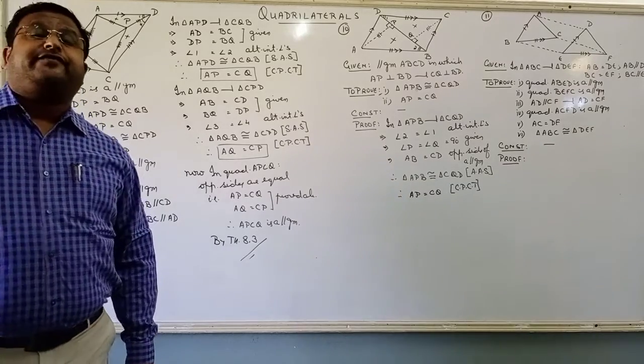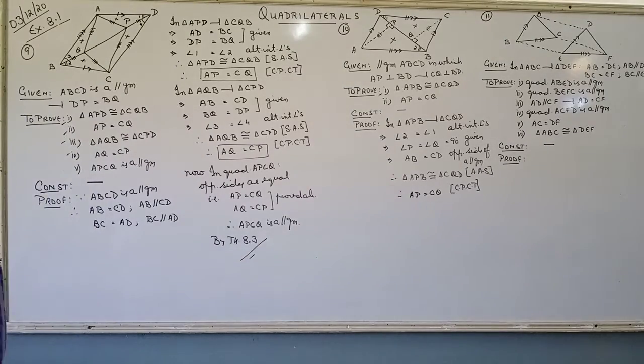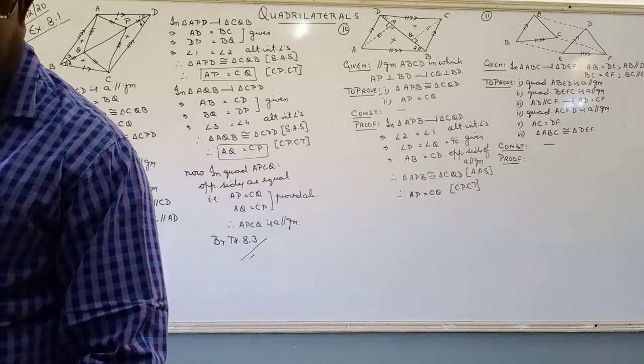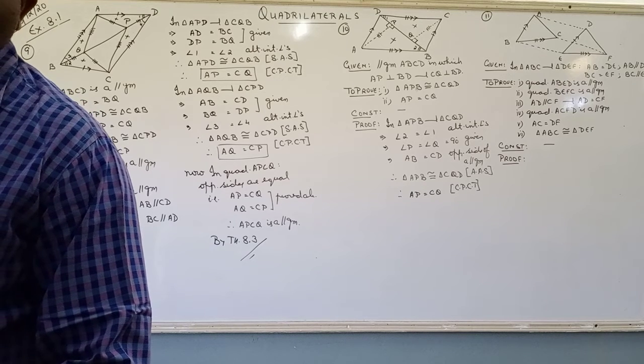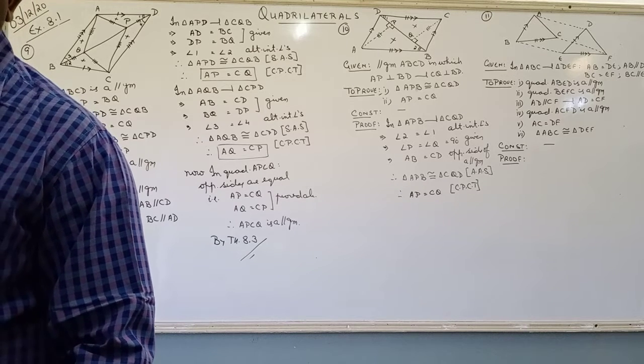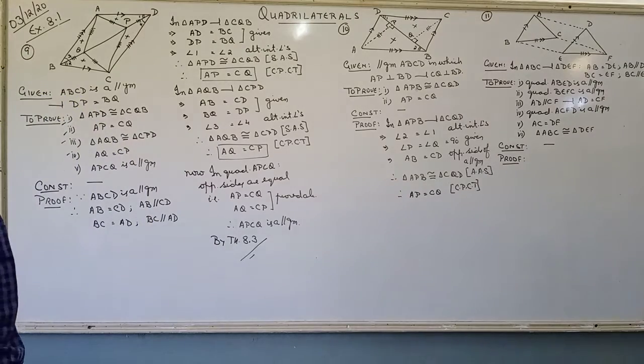Page number 145 of your textbook. Just check that theorem. It says that a quadrilateral is a parallelogram if a pair of opposite sides is equal and parallel, means one pair. So check the quadrilateral.